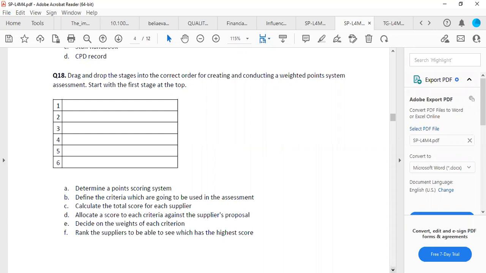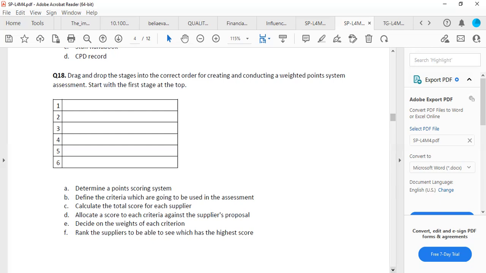Then you decide on the weight of each criteria. Then you allocate a score to each criteria against the supplier's proposal. Then you calculate the total score for each supplier. Then you rank the suppliers to be able to see which has the highest score.